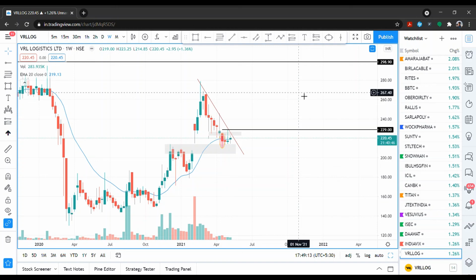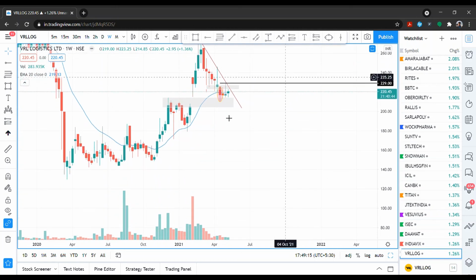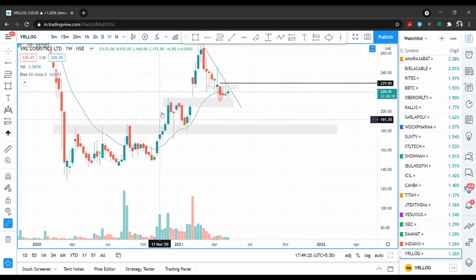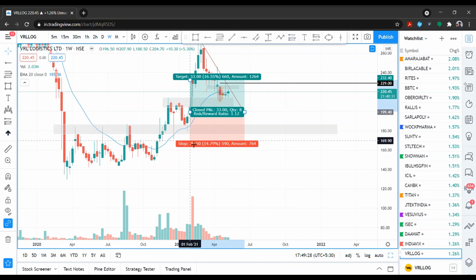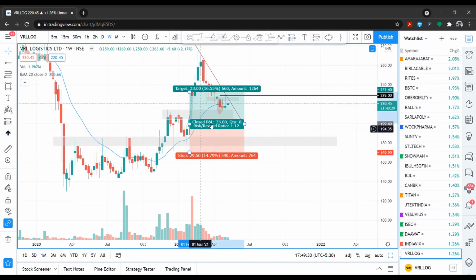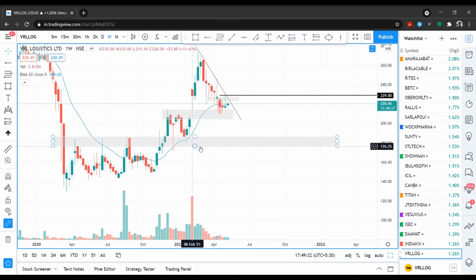And if you see the VRL Logistics, last time when it broke these highs and went up, a nice little pin bar. Risky traders might take a trade here on this pin bar. Otherwise, you can wait for other confirmation, such as this candle closing above the highs of the previous candle, so this is a trade.